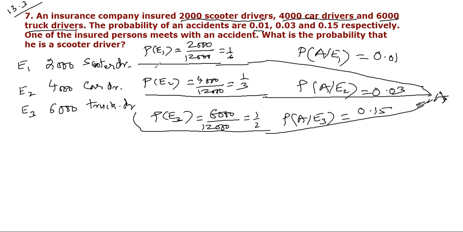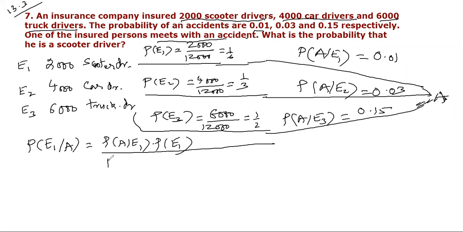If accident happened, what is the probability that the insured person is a scooter driver, means E1. So we have to find the probability of E1 when the accident has already happened. That is the probability of A given E1 into probability of E1, divided by probability of E1 into probability of A given E1.